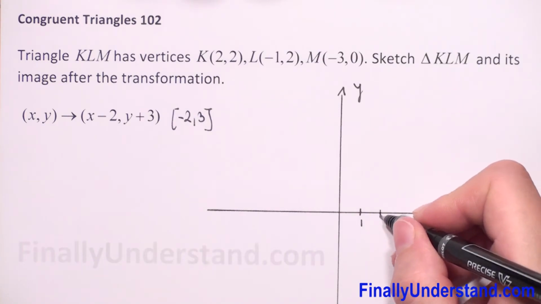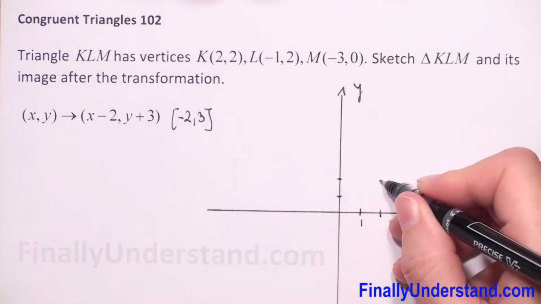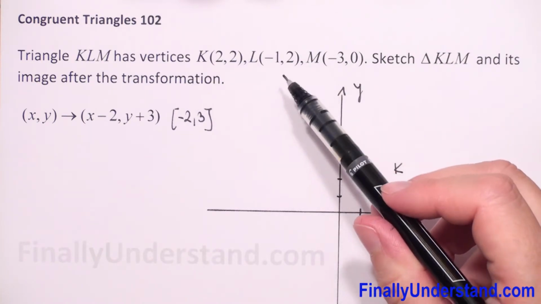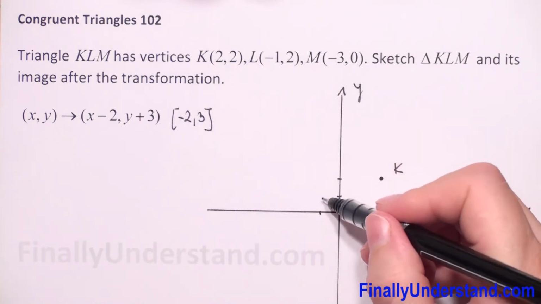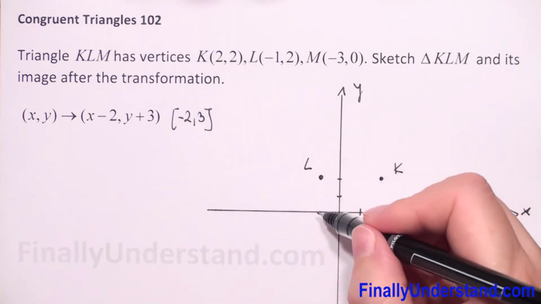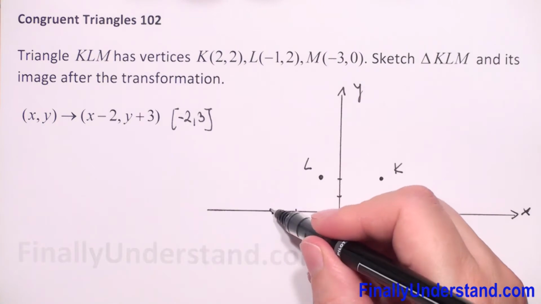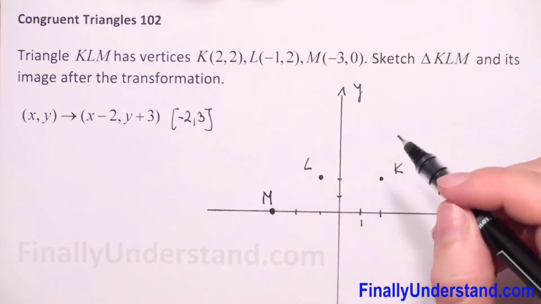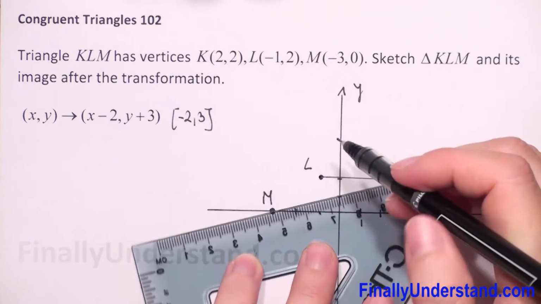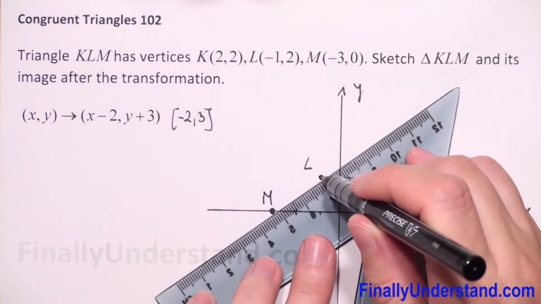K point has coordinates 2, 2, so approximately here this is our K. Point L is -1, 2, this is our L. M is -3, 0. So we have our triangle K, L, M.